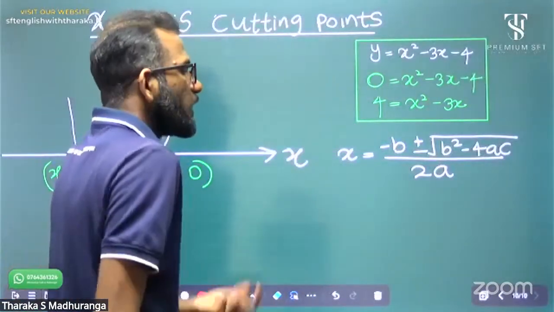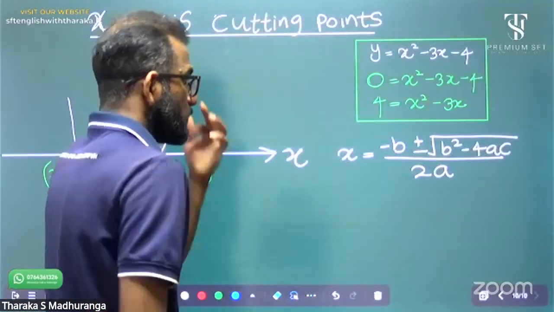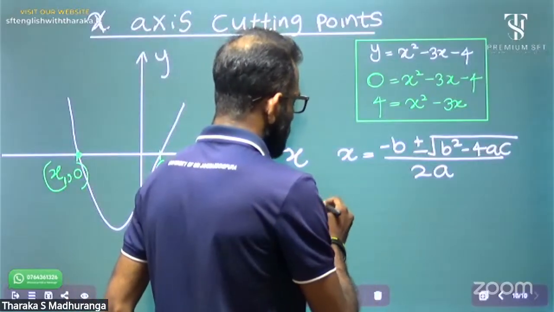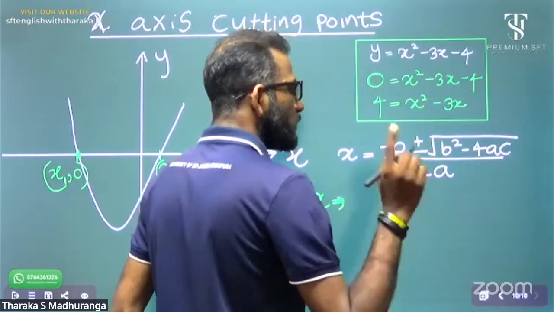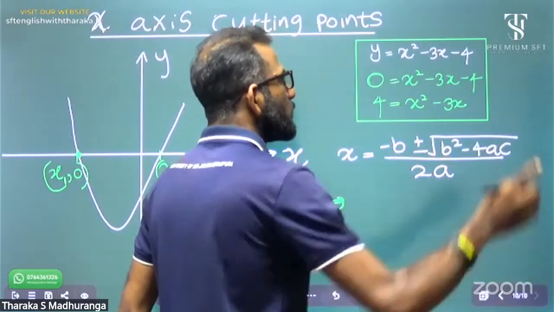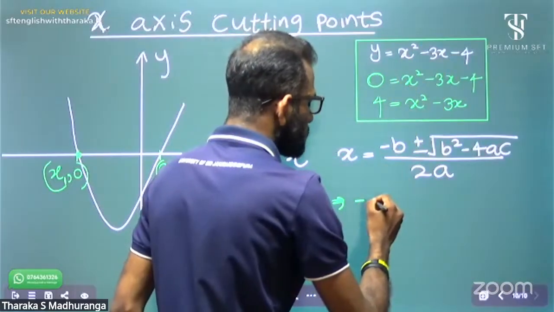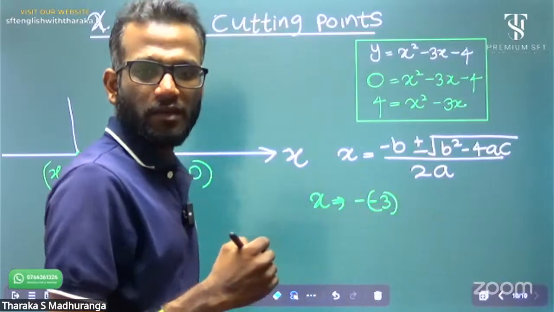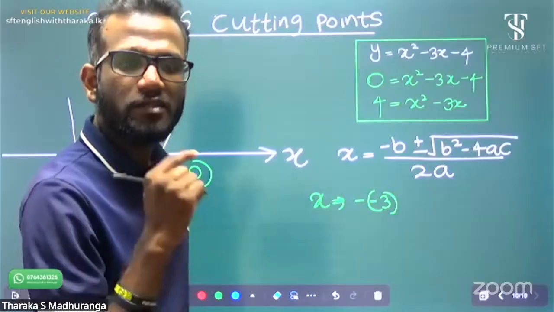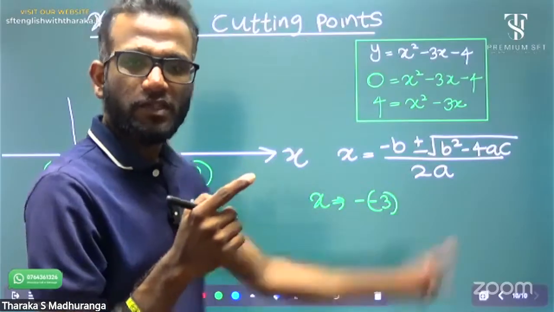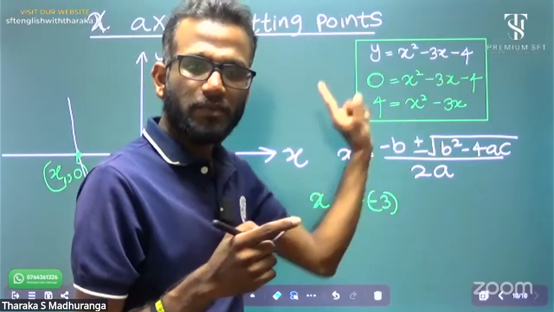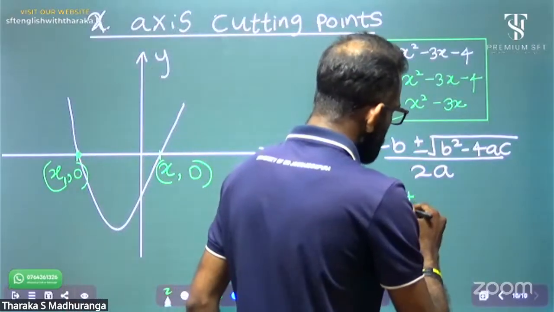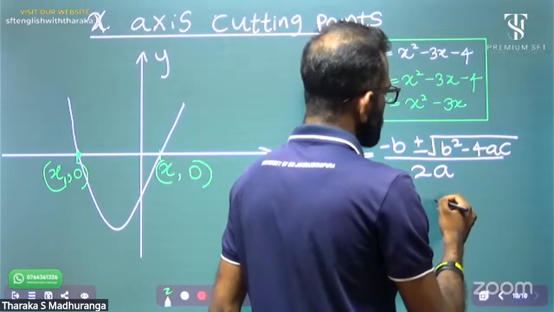Okay, let's calculate. I want the x-axis cutting points. Tell me what is the minus b value? Minus b is minus 3, right? Clearly understand, it is minus 3 because the b value is minus 3. Then minus 3 plus or minus the square root of b squared.